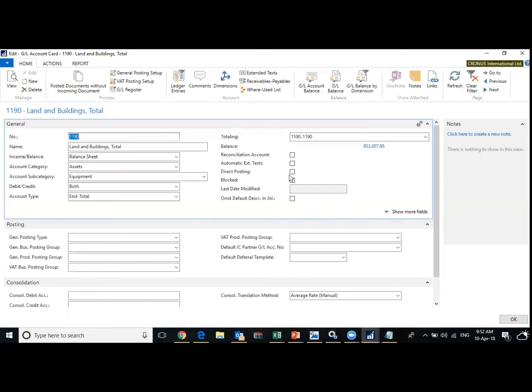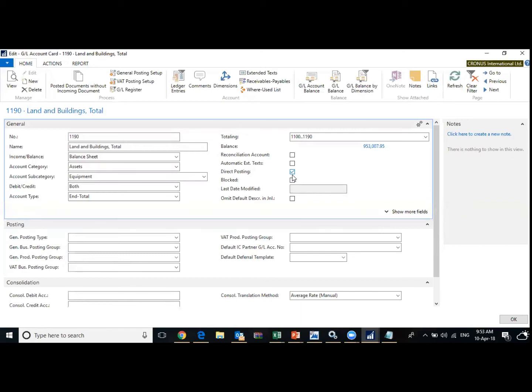If some account is marked as direct posting, it means that an accountant will be able to pick this account in the JV. He would be able to manually debit or credit the account and do posting in that account.